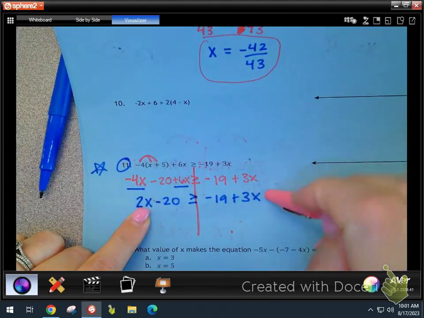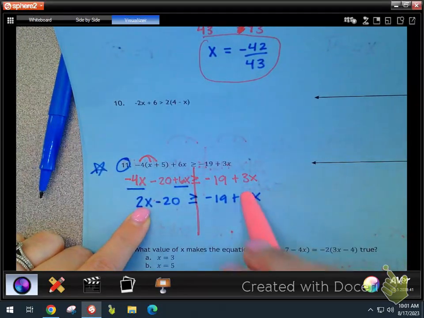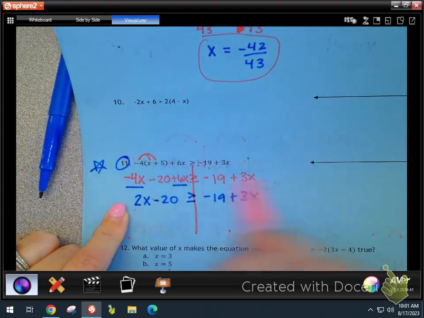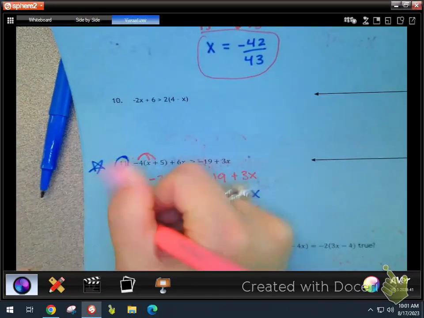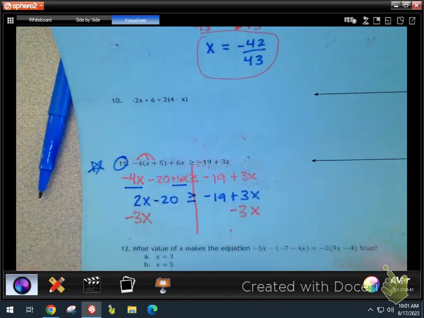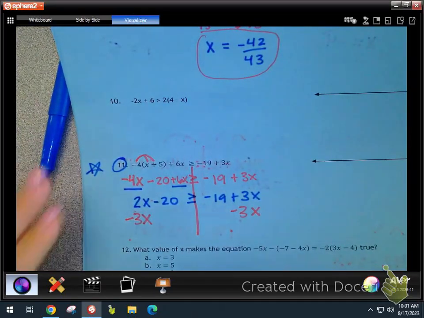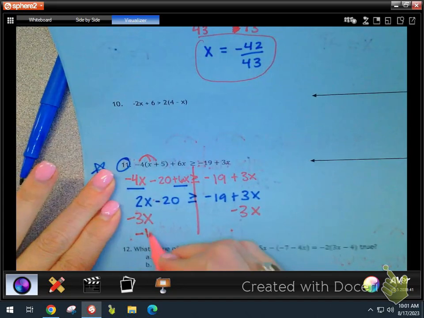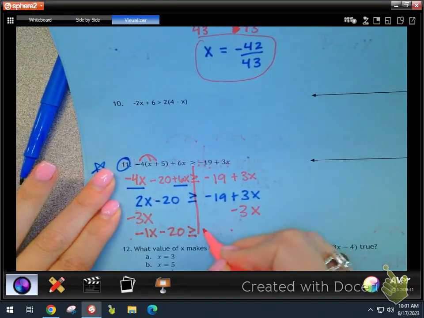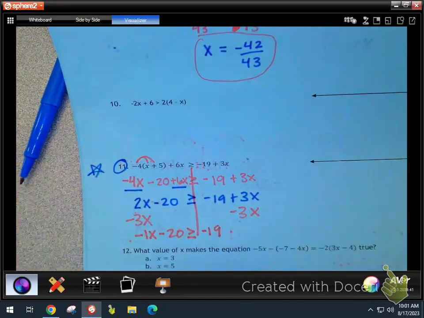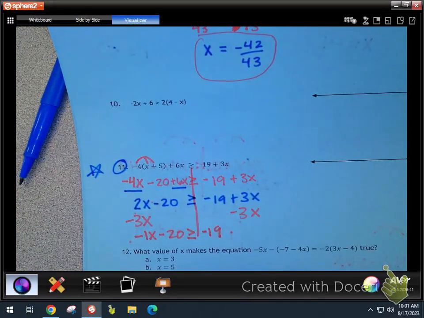But with an inequality, which way do I like y'all to move? To the left. So how do I move a positive 3x? Minus 3x. Yeah, that's negative 1x. Thank you. Negative 1x minus 20. So x is on the left.